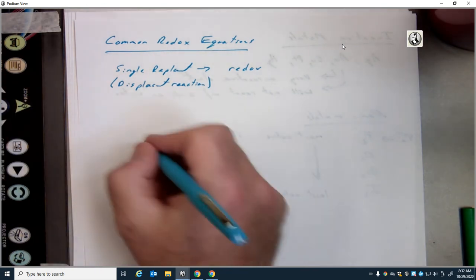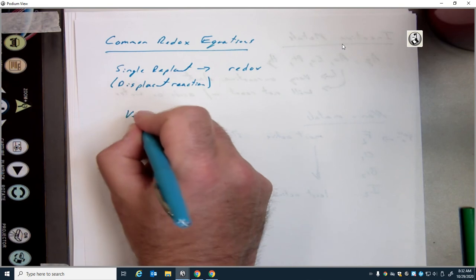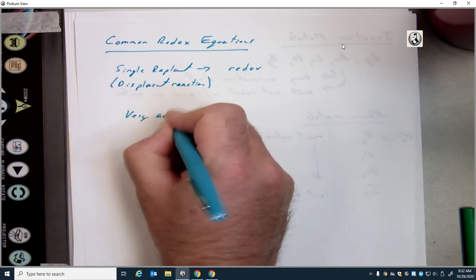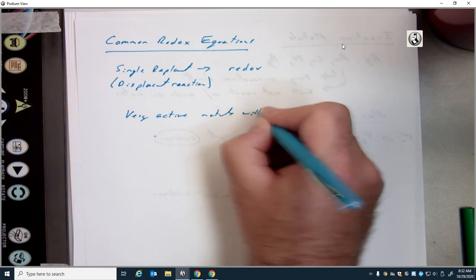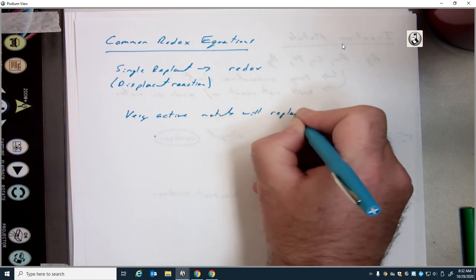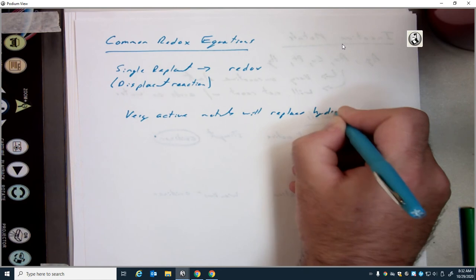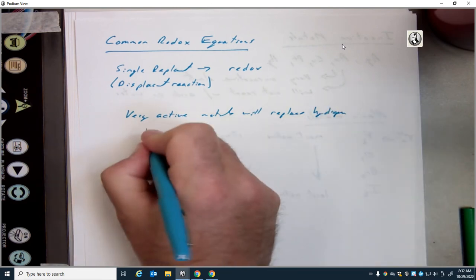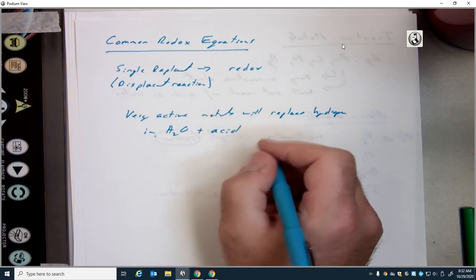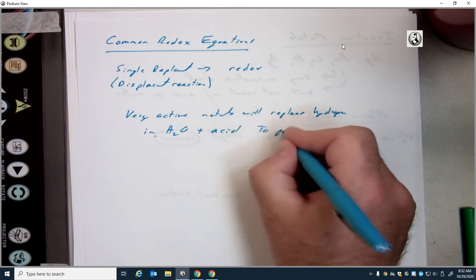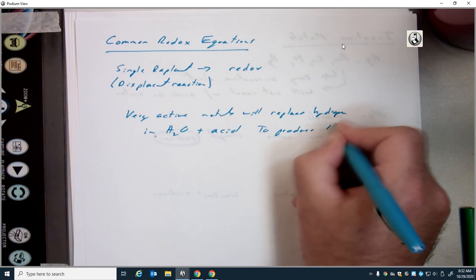So our very active metals will replace hydrogen in water and acid to produce our H2 gas.